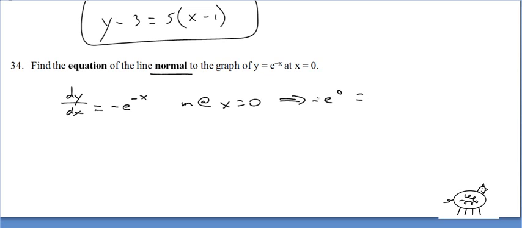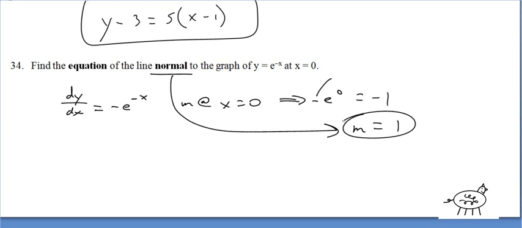Anything to the 0 is 1, but then it's negative, so it's negative 1. But now we have to get the normal, so the normal is the opposite reciprocal, so my slope is actually equal to 1. And then your coordinate at x equals 0, let's plug in y equals e to the negative 0, so y equals 1. So your coordinate is 0, 1.